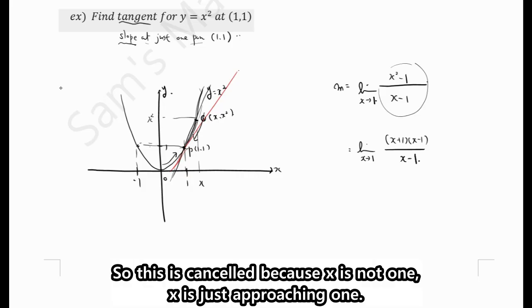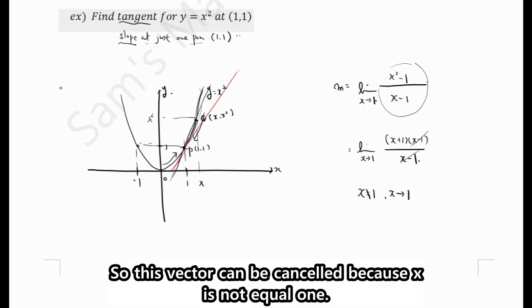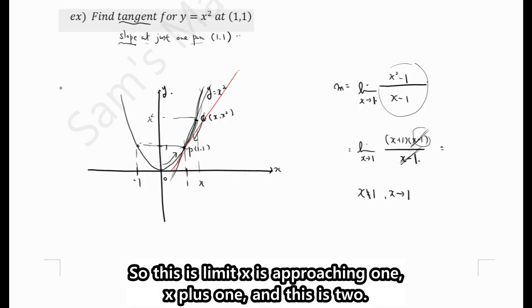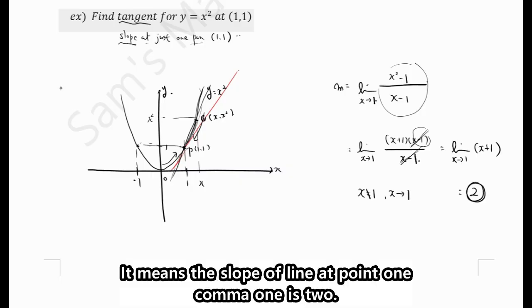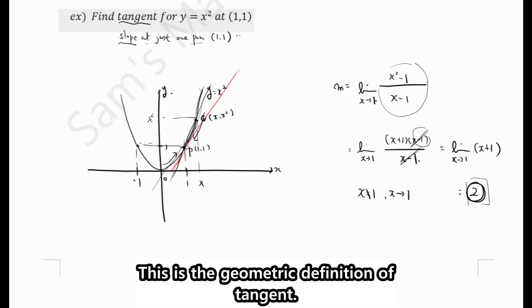The factor x minus 1 is cancelled because x is not 1, x is just approaching 1. So this is limit as x approaches 1 of x plus 1, and this is 2. It means the slope of the line at point (1, 1) is 2. This is the geometric definition of the tangent.